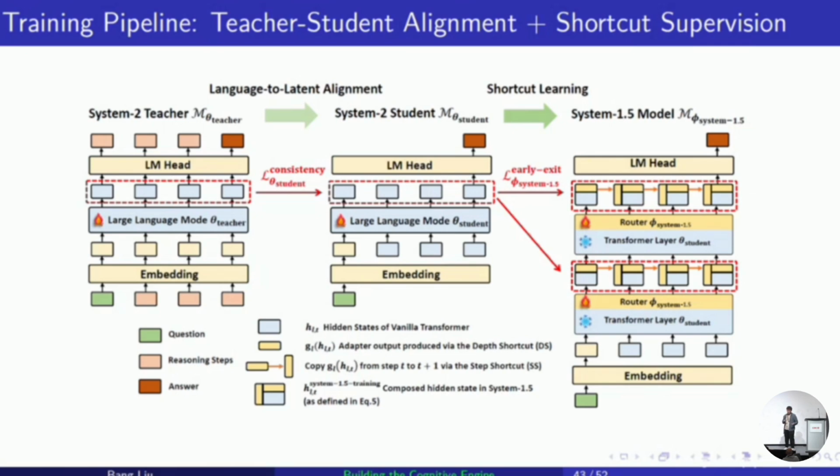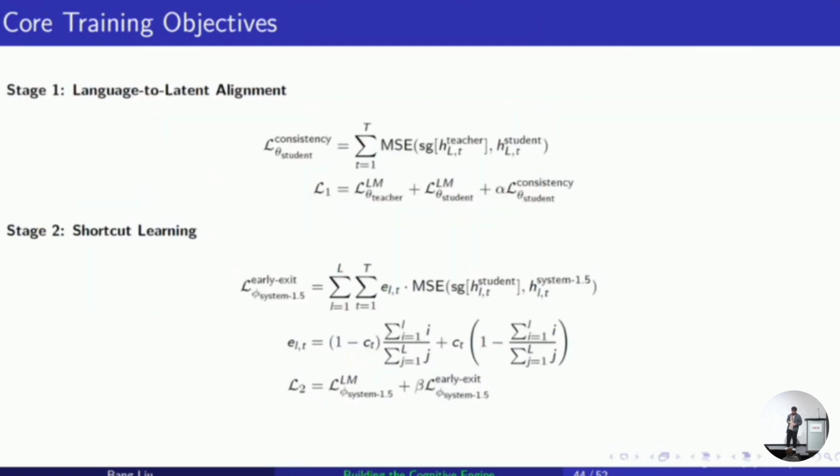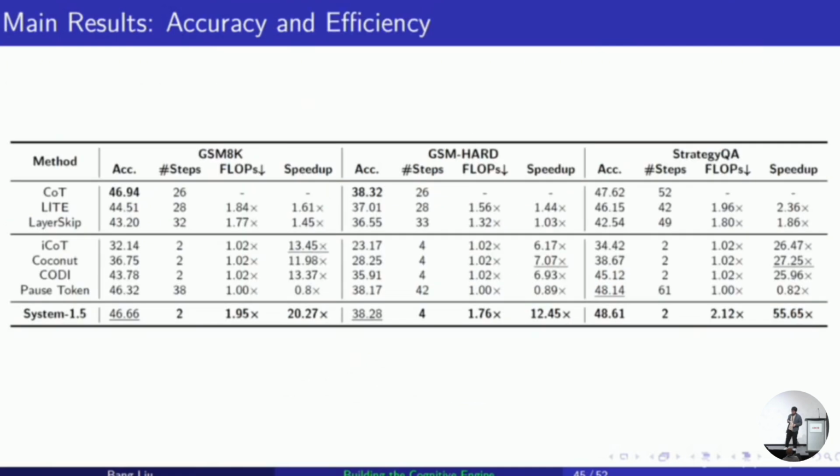So you can label the data: this is a fast reasoning step, this is a slow reasoning step. By combining latent alignment and explicit data alignment, we got the data to learn a model which can mimic the latent space and also decide between fast and slow reasoning. And this is the training objective. I will skip this.